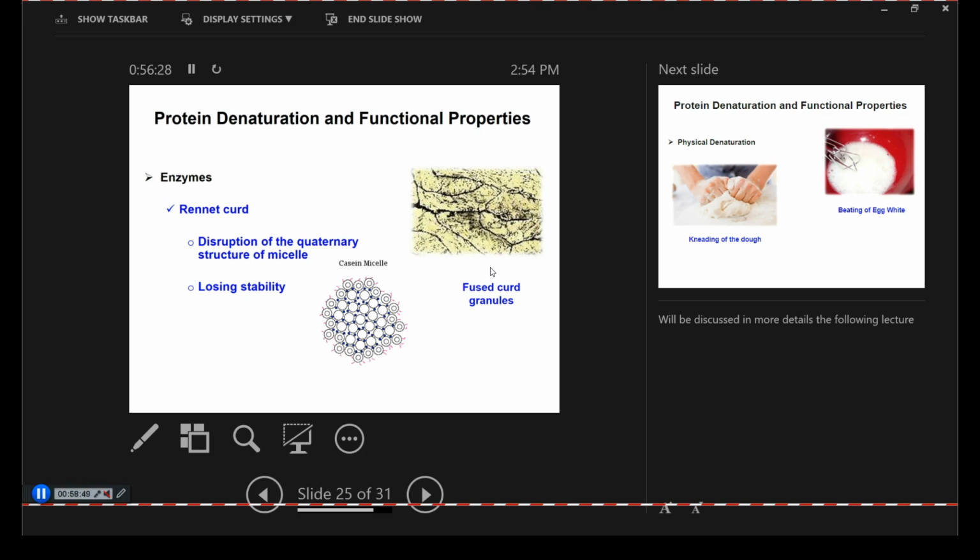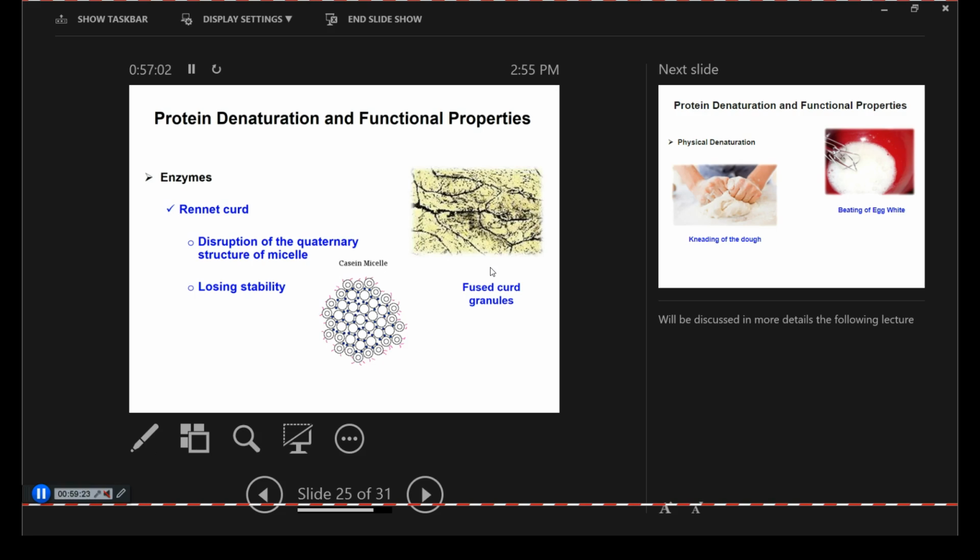So how does this happen? The casein forms this coagulant and expels water, and whey proteins are not part of it. We learned this in the dairy protein section of this course, but think of the casein micelle that is stable in milk. It's a quaternary structure of casein, with alpha casein, beta casein, and kappa casein, and we'll talk about the differences between them later. They form this large quaternary structure, but it doesn't fall out of solution in milk.